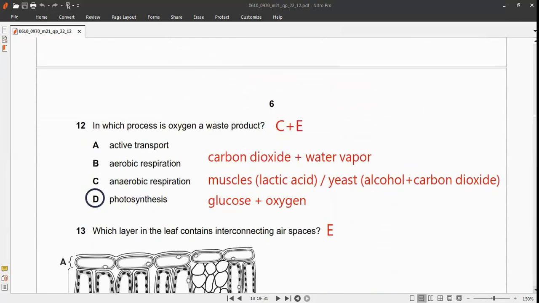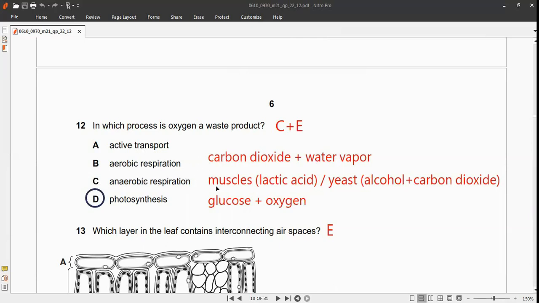In which process is oxygen a waste product? Oh, so easy. Not active transport. Not aerobic respiration, because in aerobic respiration the waste products are carbon dioxide and water vapor.